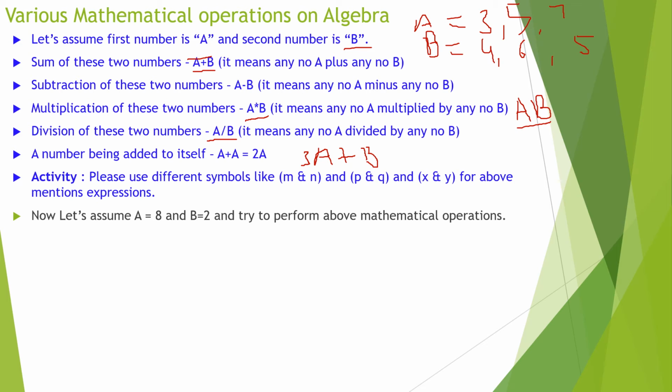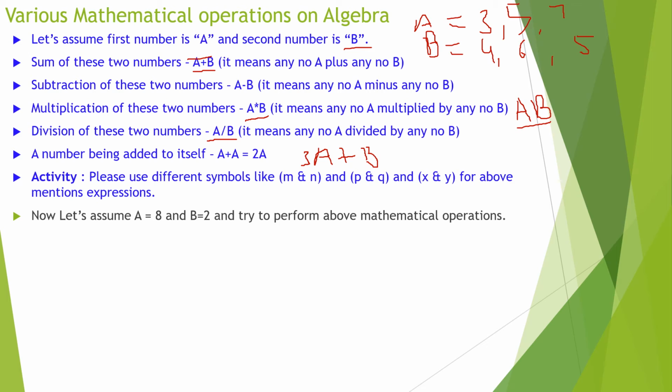Similarly, A minus B, 8 minus 2, it means 6. A into B, 8 into 2 means 16. A upon B, 8 upon 2, it means 4. A plus A, 8 plus 8 equals 16, or you can say 2 into A.